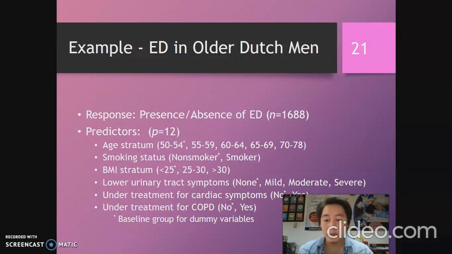Smoking status: non-smoker or smoker. BMI strata: less than 25, 25 to 30, and greater than 30. Lower urinary tract symptoms: none or mild, moderate, severe. Under treatment for cardiac symptoms: yes or no. Under treatment for COPD: yes or no. This is the baseline group for the dummy variables.